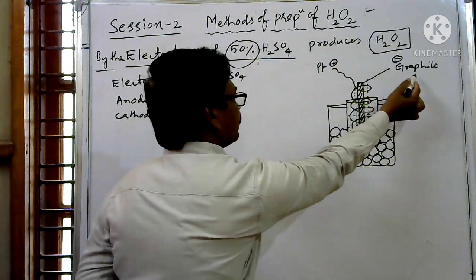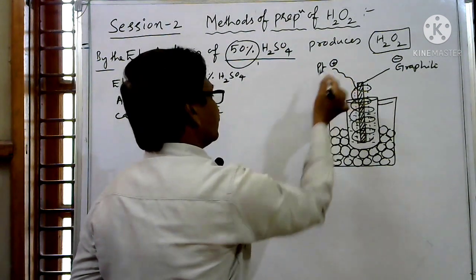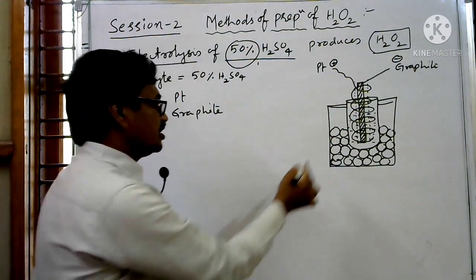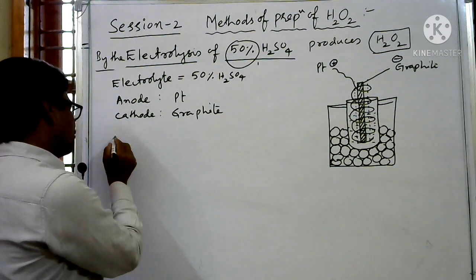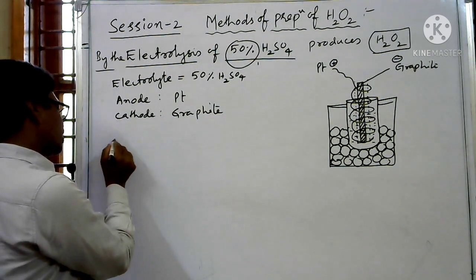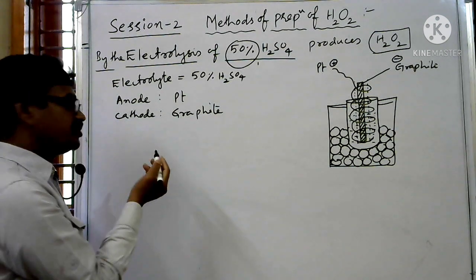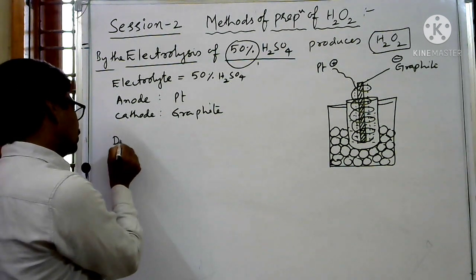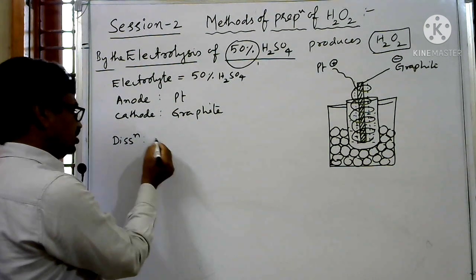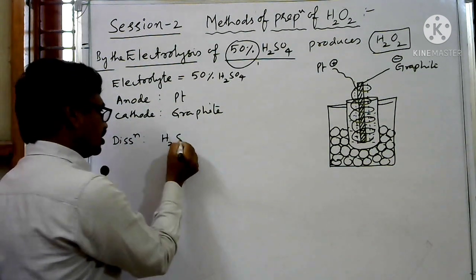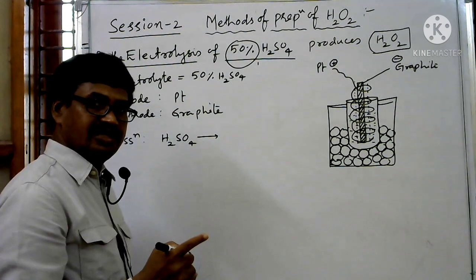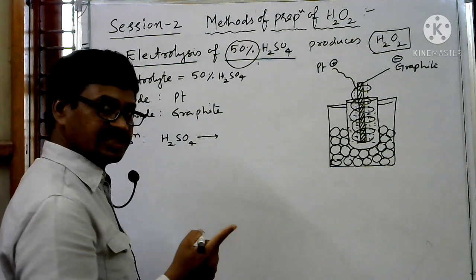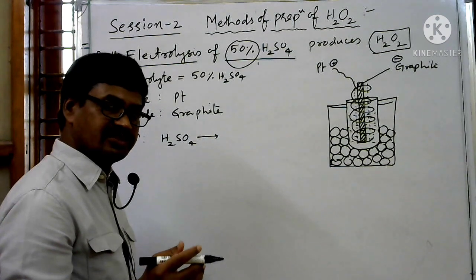Using this graphite cathode and platinum anode, when electricity is passed through, dissociation takes place. Always in the electrolysis process, the first step is dissociation, otherwise ionization. So here I am writing the dissociation step. H2SO4 dissociates. As I just explained, if it is 50% or more, you can consider it a concentrated solution.